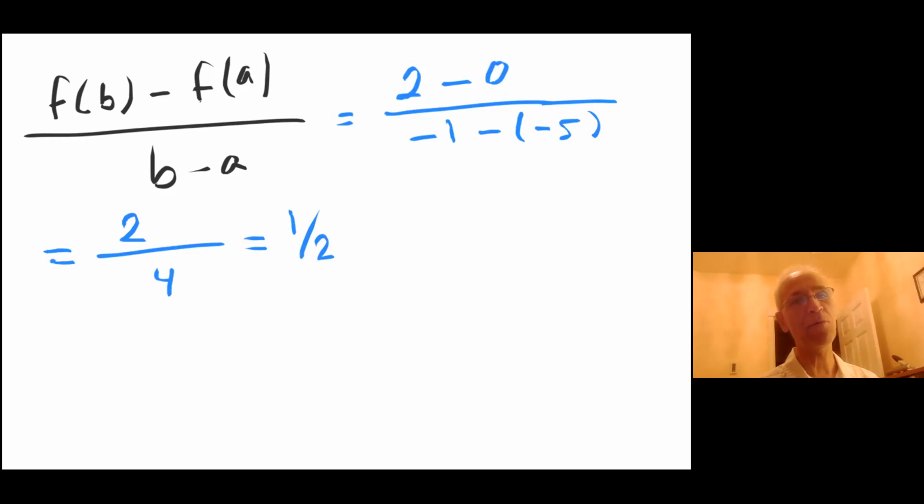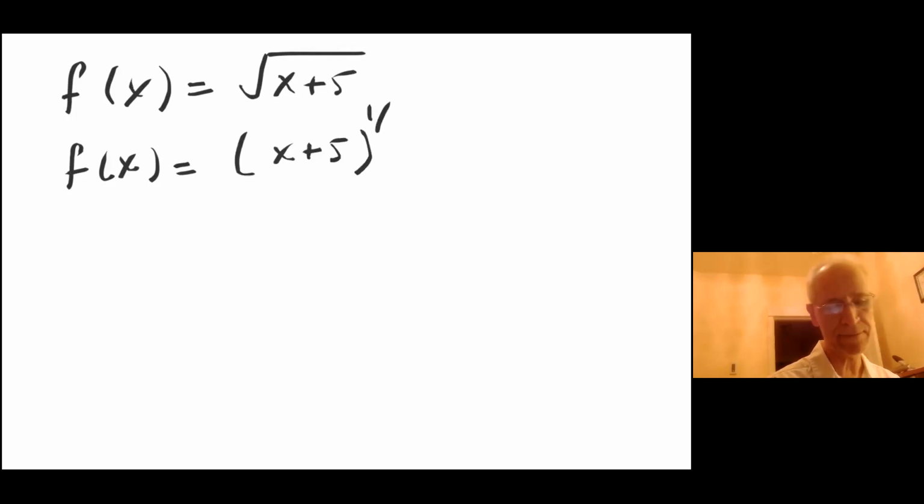So I want to know where I can get a slope of 1/2. I know that f(x) = √(x + 5). I'm going to rewrite this as f(x) = (x + 5)^(1/2).